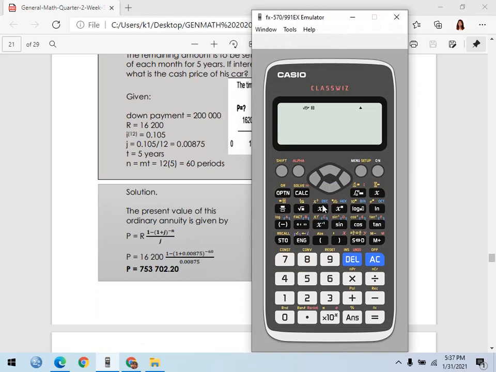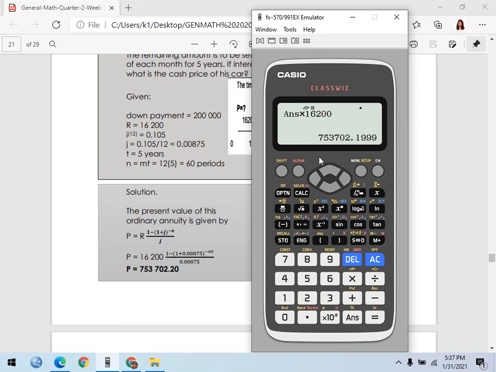To solve in your calculator, mula sa loob, we have 1 plus 0.00875 equals, and then raised to negative 60 equals, and then again, 1 minus answer, 1 minus yung nakuha dito equals, then divided by j ulit, 0.00875 equals, and then lastly multiply sa nasa labas times 16,200.